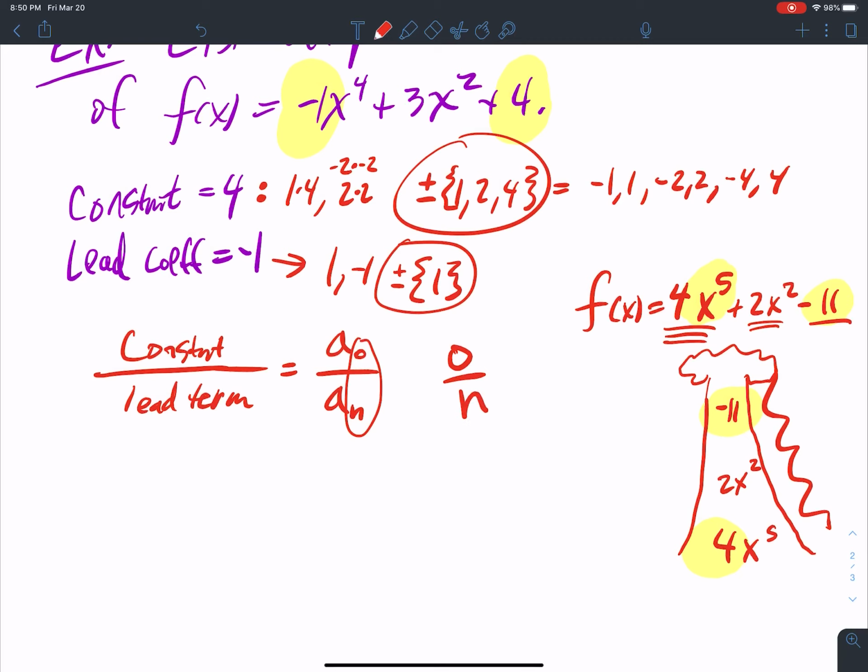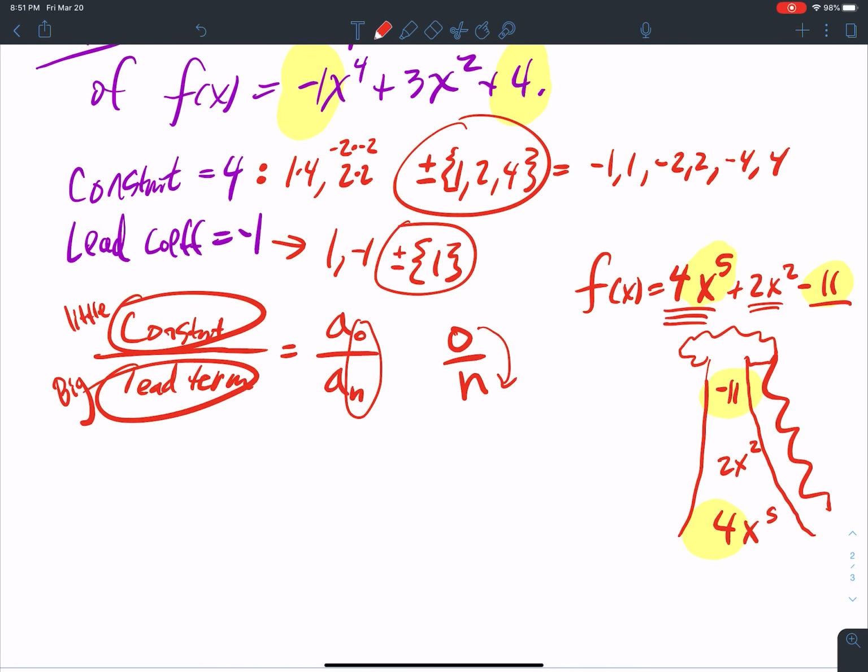If it were me, I might get it confused with "no." But if you understand that on top, yeah, that'll work. However you want to memorize that, it's the constant divided by the lead term. The little guy over the big guy. Okay, big guy's on bottom, little guy's on top. However you want to remember that, I don't care.